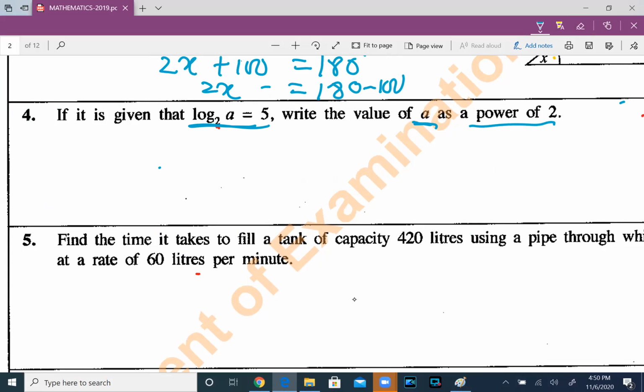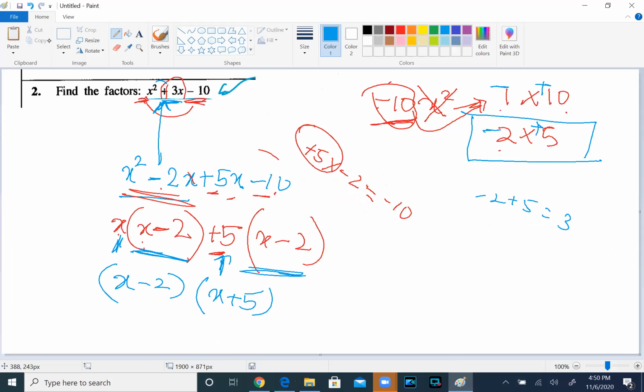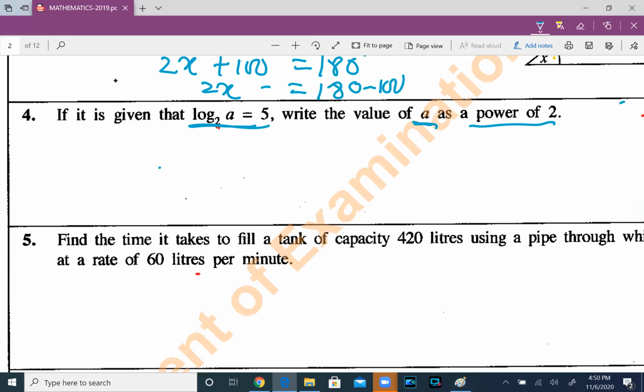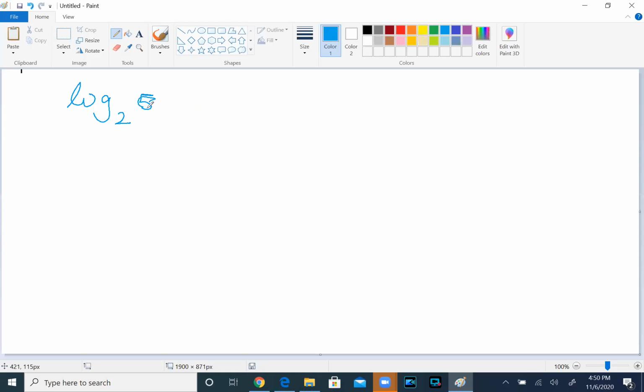I will write this question in Paint. It is log 5 base 2, that is log a 5.